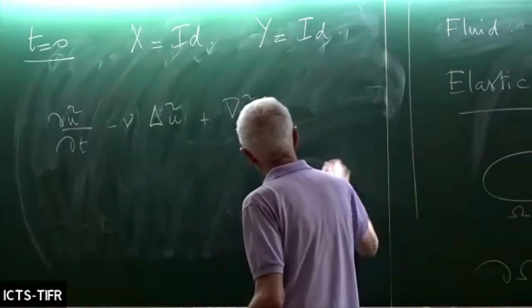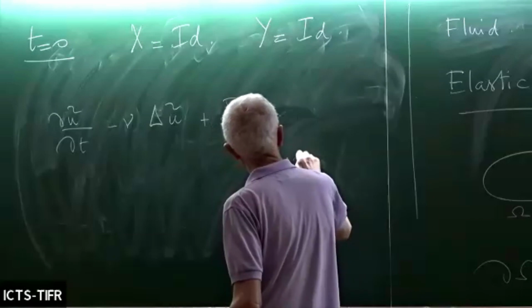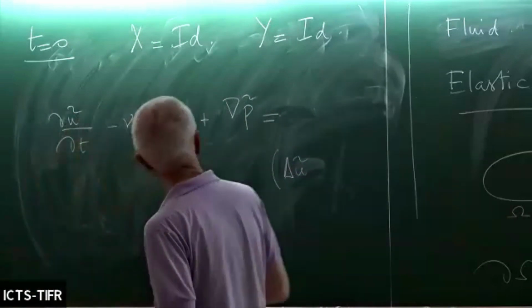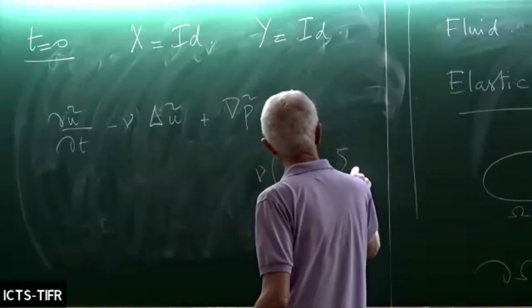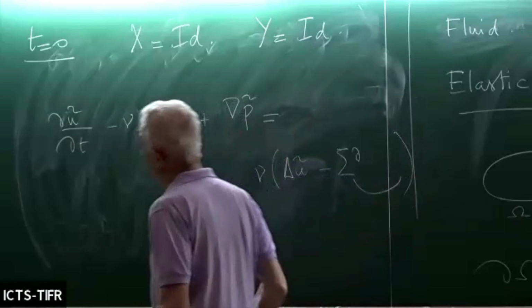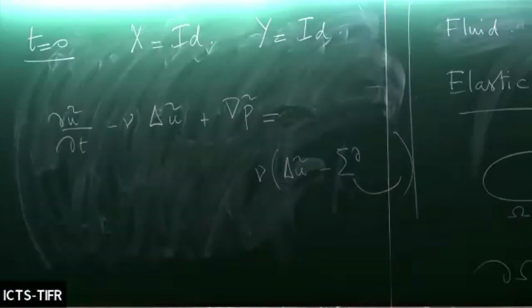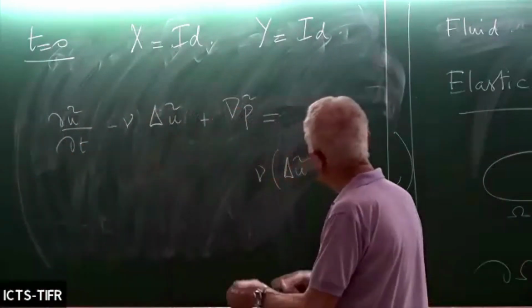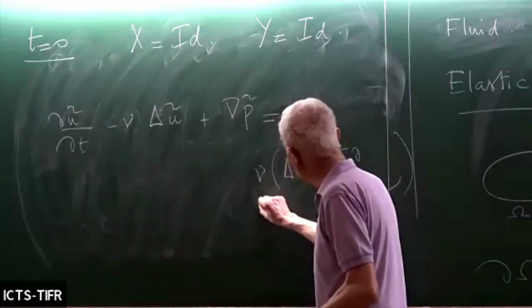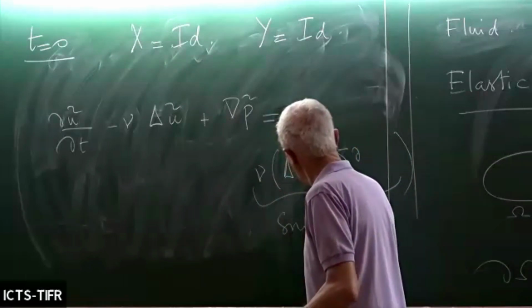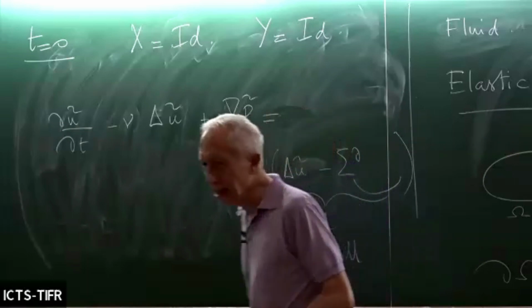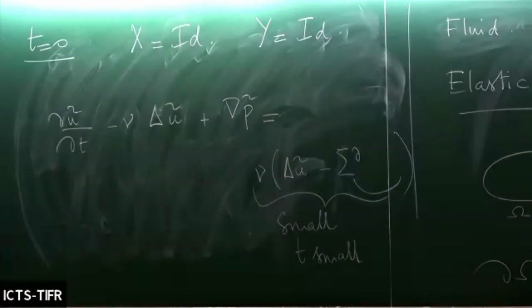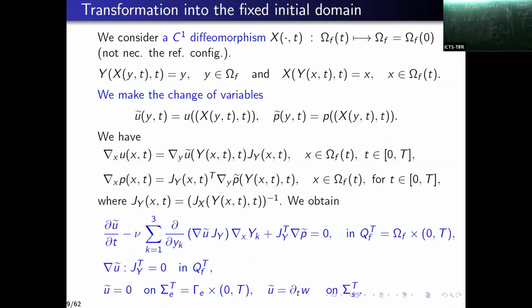So more or less, I have something of this form, and minus, so times u, minus this expression that I have written here, and the same for the pressure. Okay, but when I write a fixed point, this is small for t small, and this is exactly what I am going to use later.